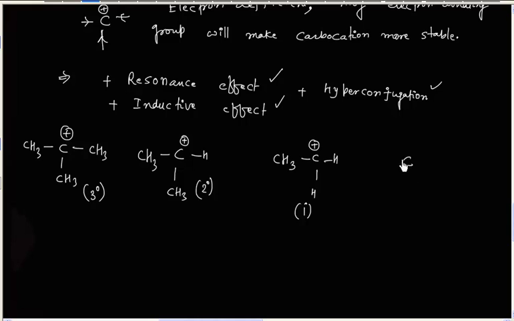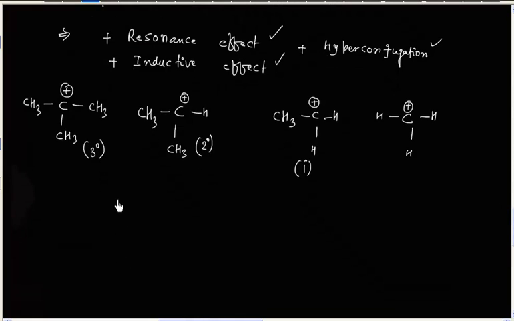And this is methyl carbocation. Now stability of these carbocation can be seen on the basis of hyperconjugation as well as on the basis of inductive effect. In this case we have 3 plus 3 6 plus 3 9 hyperconjugable hydrogen. So we have 9 hyperconjugable hydrogen.